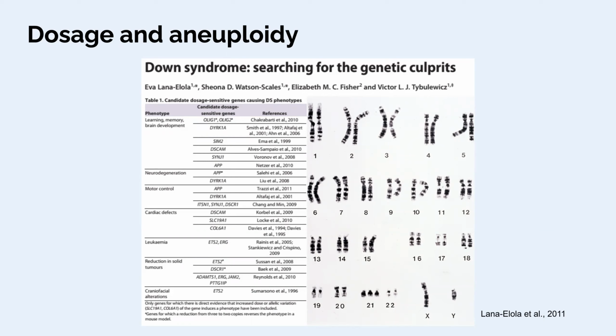So having an extra copy of 21 has a sort of predictable effect. And these are the genes involved, genes that are located on chromosome 21. The left-hand column tells you what part of the Down syndrome phenotype they contribute to. There's lots of active study in this department, and we'll probably learn some interesting new things as we go.